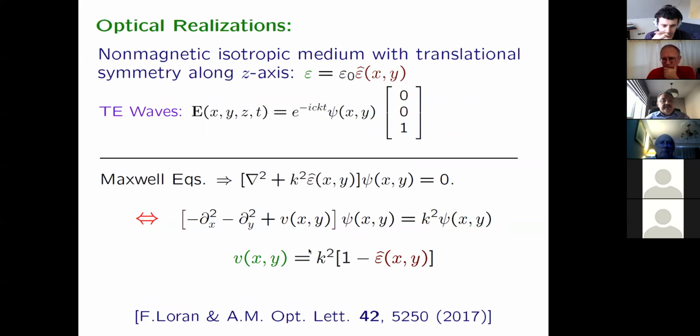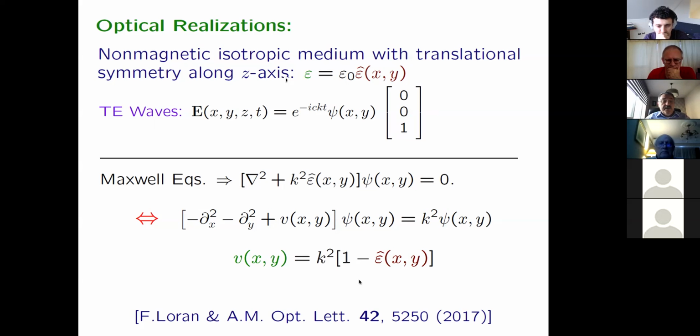You can get an optical realization of this effect if you have a two-dimensional setup with a non-magnetic isotropic medium which has translational symmetry along the z-axis, which means that the permeability is 1, the same as the vacuum, and the permittivity depends only on x and y through the relative permittivity. If you're interested in TE waves, whose polarization is along the z-axis, along the symmetry axis, then you can take this ansatz, substitute in your Maxwell's equations, and get the Helmholtz equation, which you can write as the Schrodinger equation in 2 dimensions, with a potential given in terms of the relative permittivity.